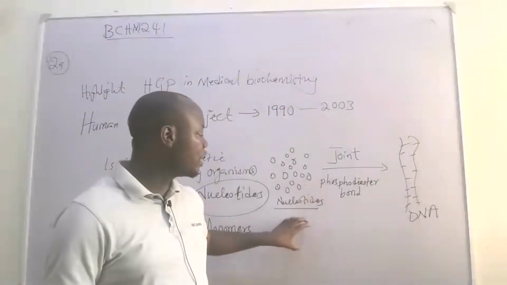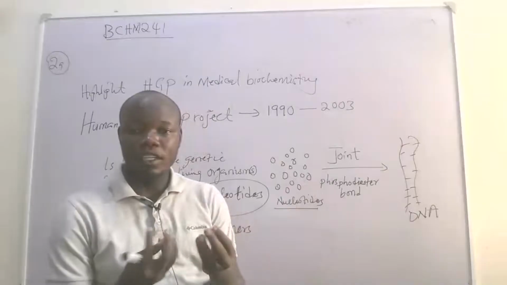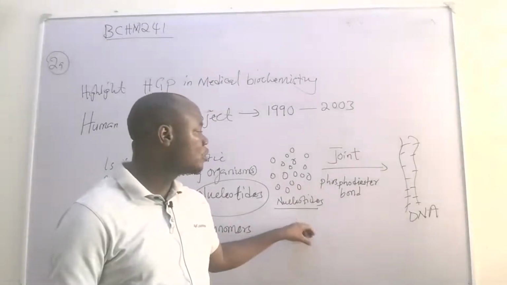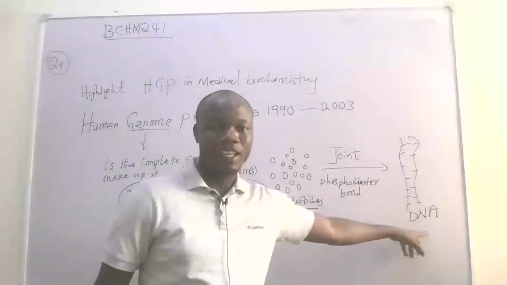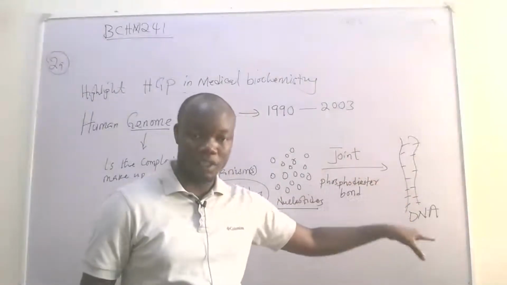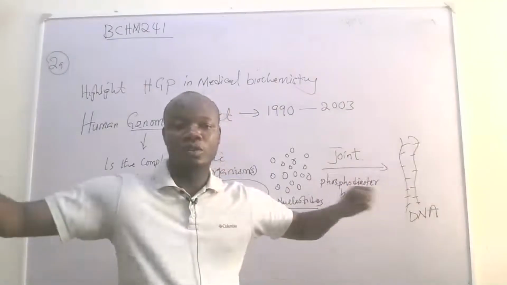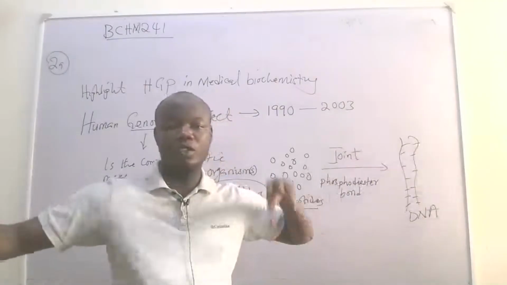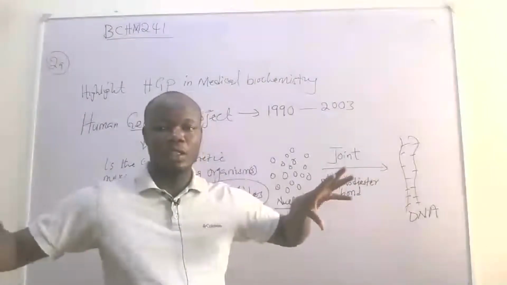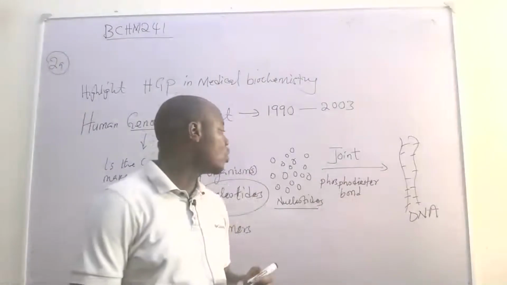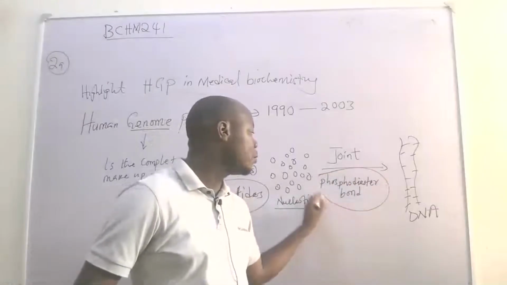So these nucleotides are like blocks that are used to construct DNA. So how do they construct? They use a bond to join themselves. And the force that joins these nucleotides together is called phosphodiester bonds.